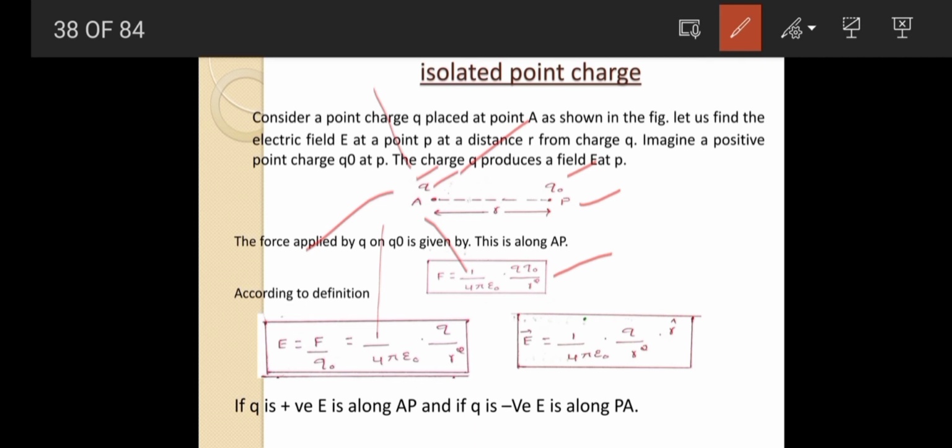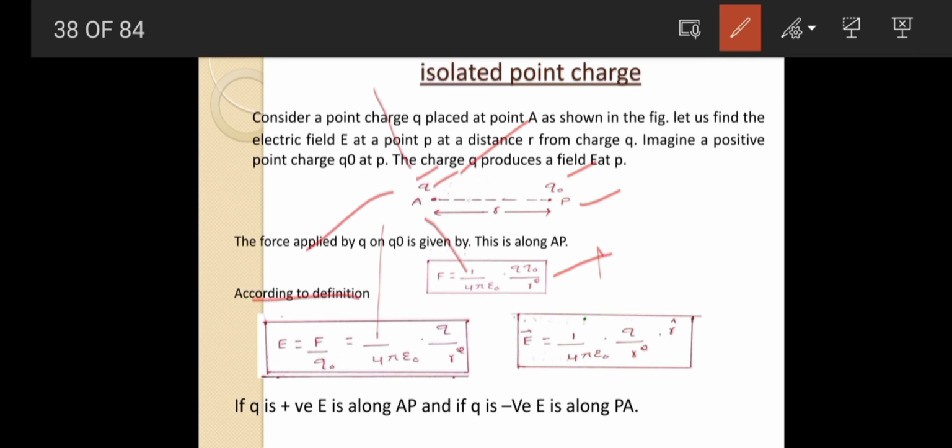According to the definition, this equation I got from Coulomb's law is the force exerted by charge Q on this test charge Q naught. Now, the electric field is defined as E equal to F by Q naught, which is the definition of field intensity.